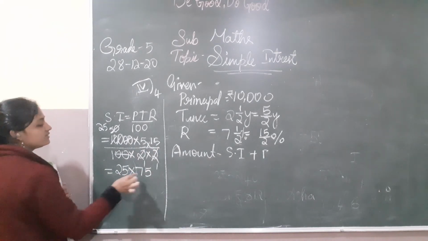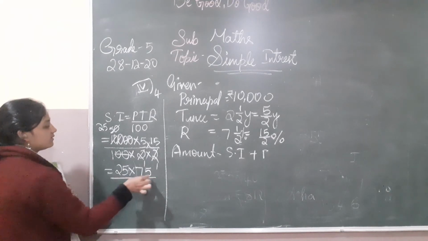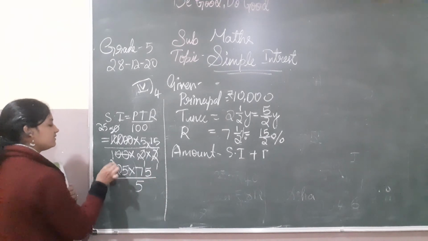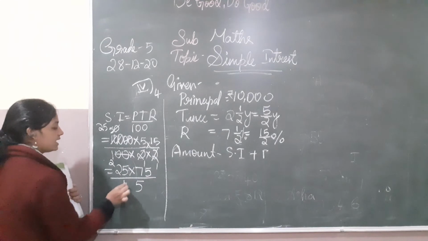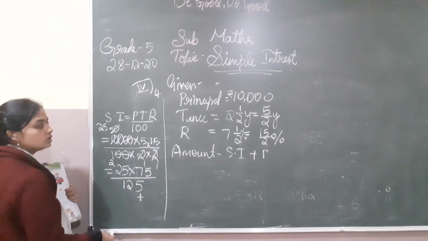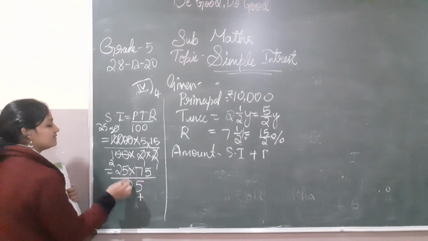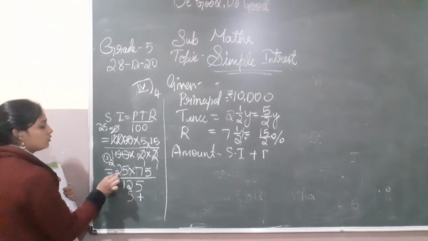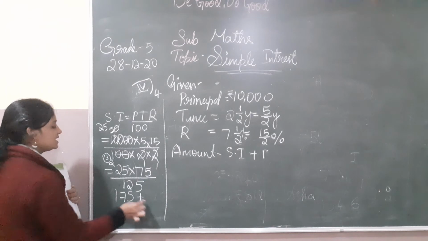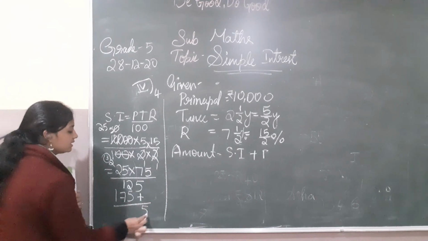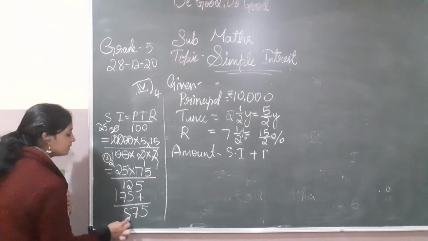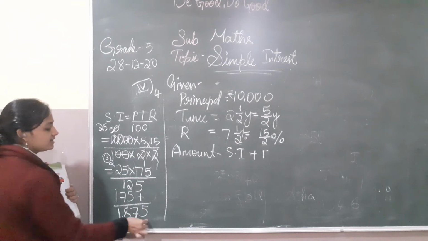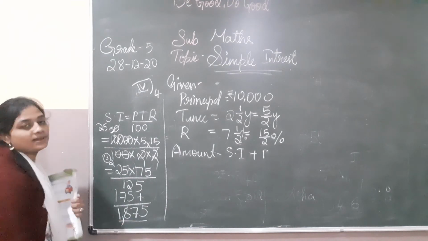Now multiply 25 and 75, what is the answer you get? 5 5s are 25, 5 2s are 10, plus 2, 12. 7 5s are 35, 7 2s are 14, plus 3, 17. The answer is 1,875 rupees. This is the simple interest.